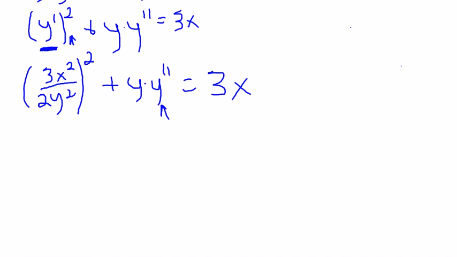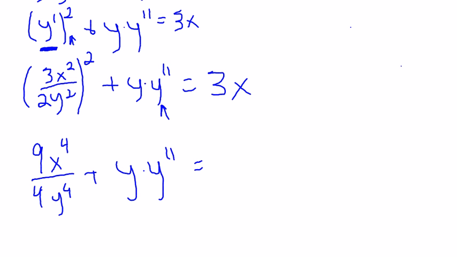Alright, so when I square this, I get 9x to the 4th over 4y to the 4th. That's that whole thing squared out, plus y times y double prime equals 3x. There's lots of ways to isolate the answer, but I don't want to have fractions and fractions.